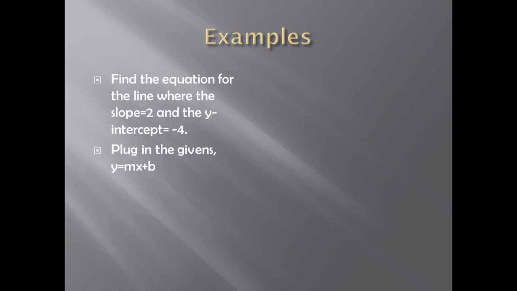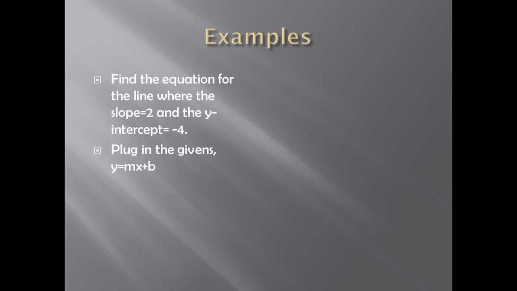So first, we're going to talk about the equation for the line where the slope is equal to 2 and the y-intercept is equal to negative 4. So you have to find the equation. Well, you plug in the givens for y equals mx plus b. You already know that the slope, which is m, is equal to 2. And we know that the y-intercept, which is b, is equal to negative 4.